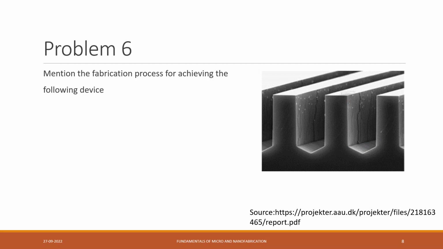Using wet etching, such structures are very hard to get. So you have to tell how such structures can be made, and what would probably be the fabrication process they are using for doing it.